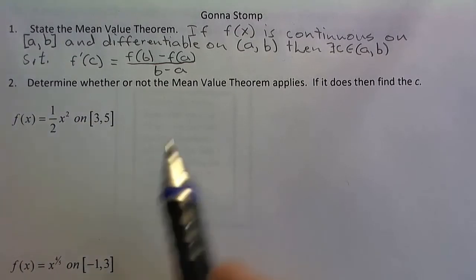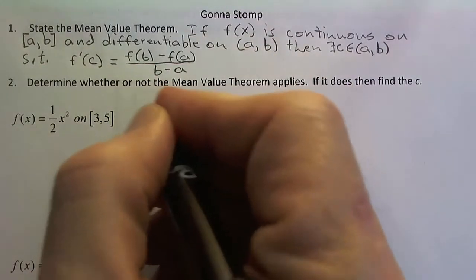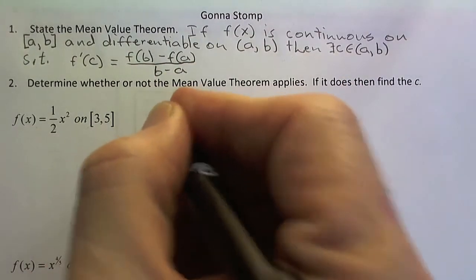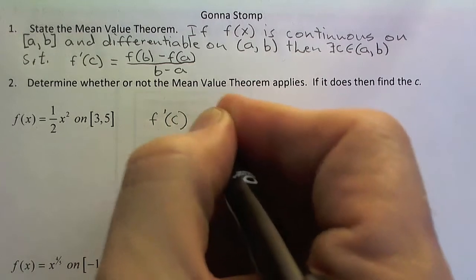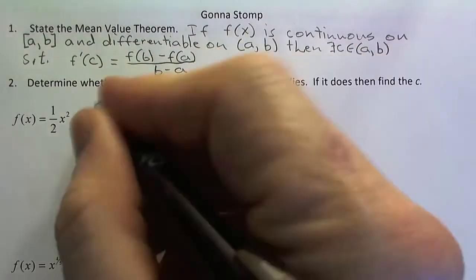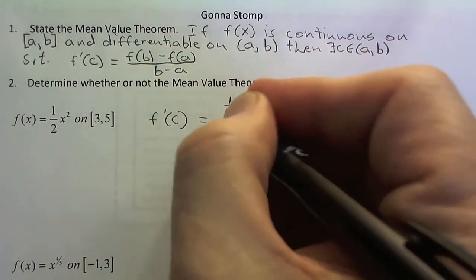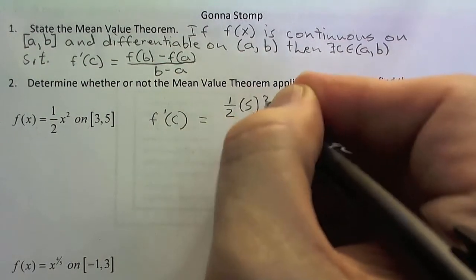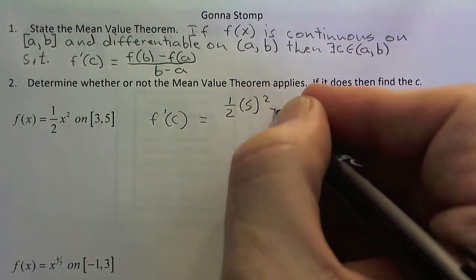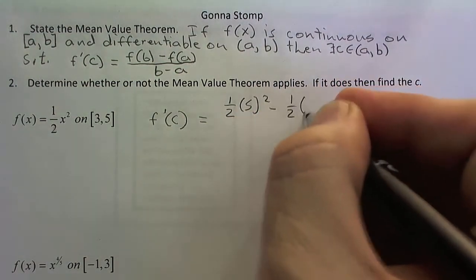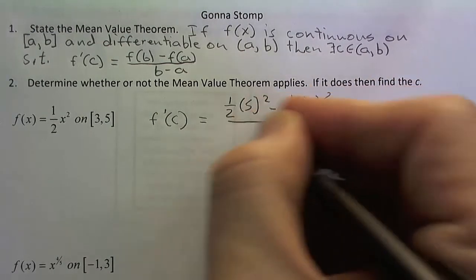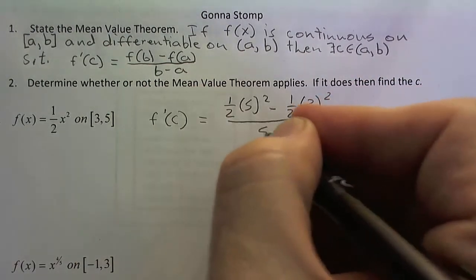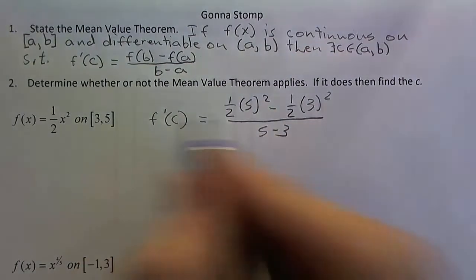So what we need to do is find the c so that f prime of c is equal to, well, let's see here, 1/2 5 squared minus 1/2 3 squared over 5 minus 3. In other words, we've got to do that.